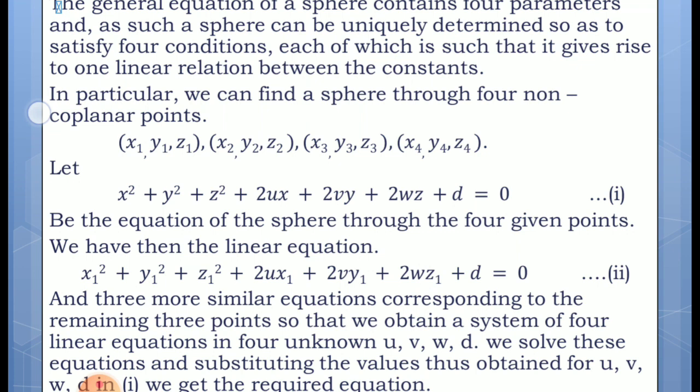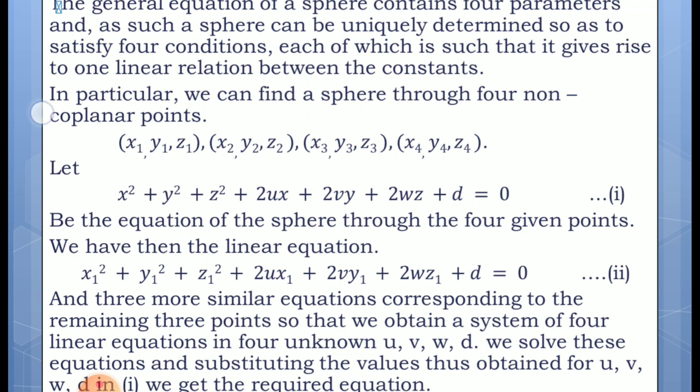This is equation 2 for the point (x1, y1, z1). Similarly, the sphere passes through the point (x2, y2, z2), and we obtain x2 square plus y2 square plus z2 square plus 2ux2 plus 2vy2 plus 2wz2 plus d equal to 0.